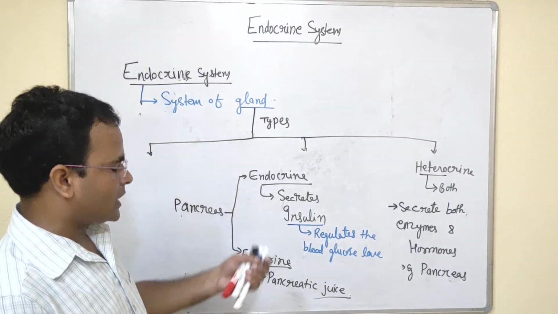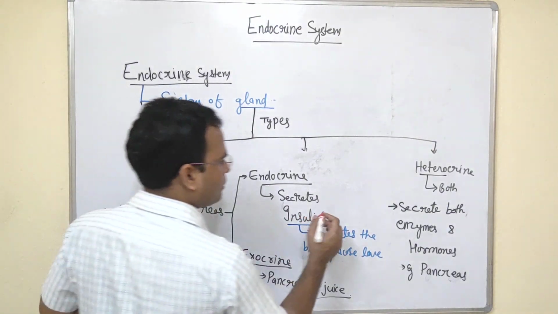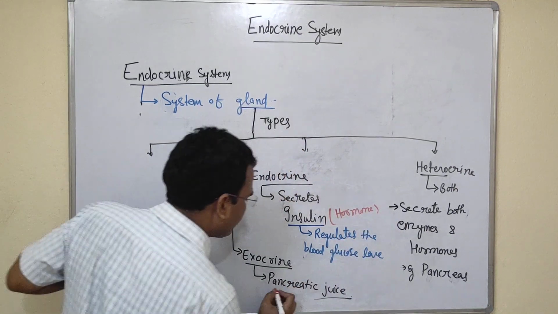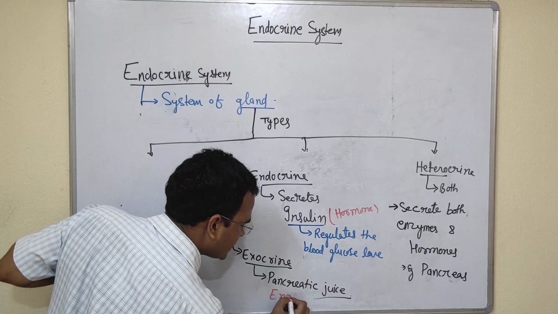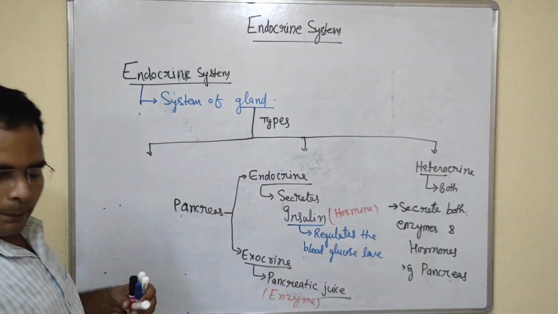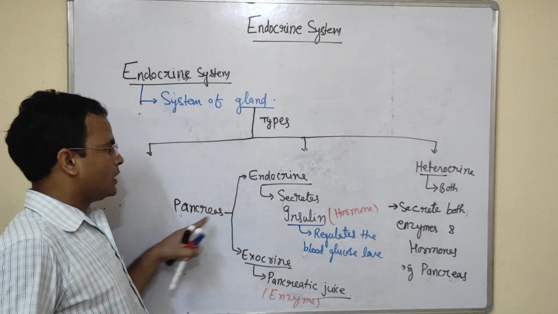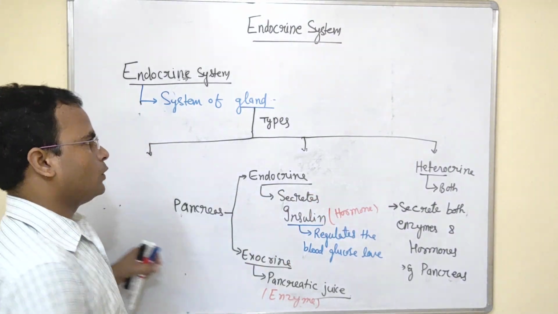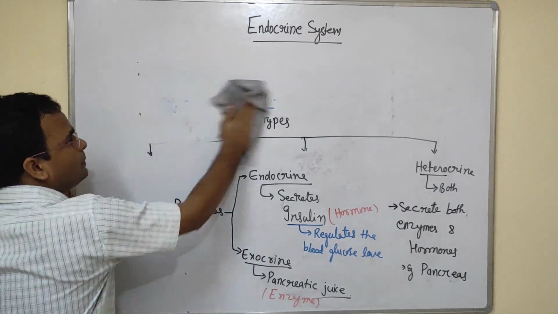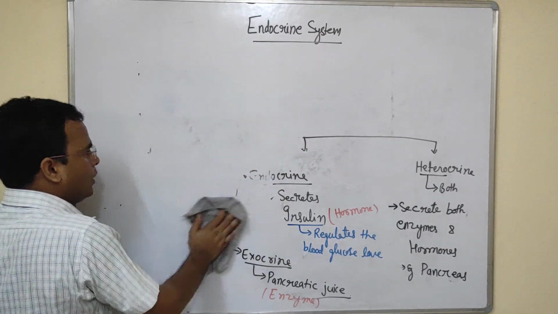It is an enzyme, but insulin is a hormone. Insulin is a hormone, but the pancreatic juice is a digestive enzyme. So you can see now why the pancreas is kept under the category of heterocrine gland. Hope that is understood.